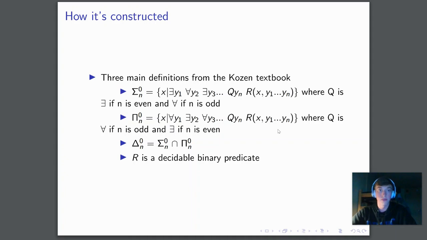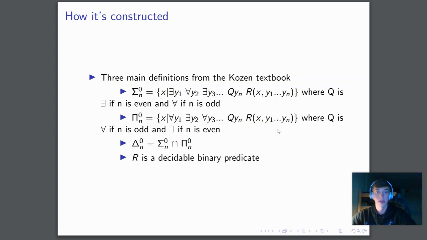The way that these are defined are like this, and these three definitions come from the Sipser textbook. Sigma 0n is the set where the quantifiers defining it alternate between existential, universal, existential, back and forth until you get to a quantifier Q, which will depend on whether or not n is even or odd.